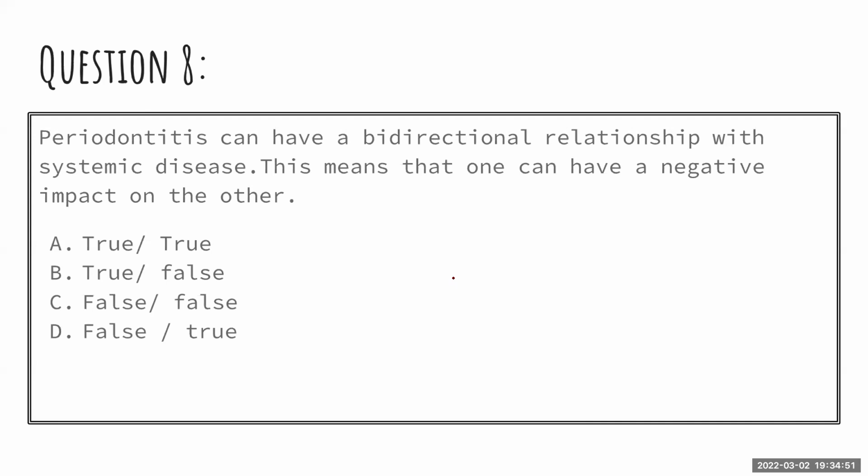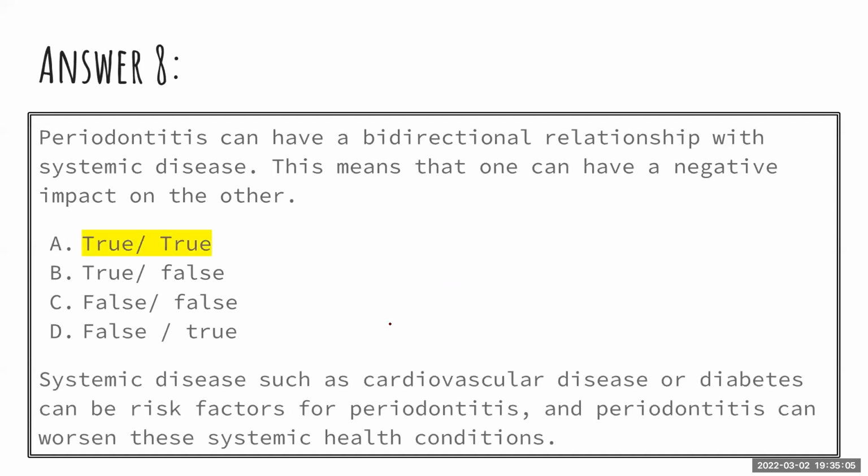So if you've got high blood sugar with diabetes, you are going to have more periodontal disease. That's a negative impact. So the wording is off here. Does everybody understand where this negative impact is coming from?